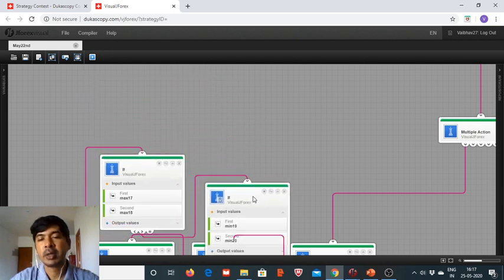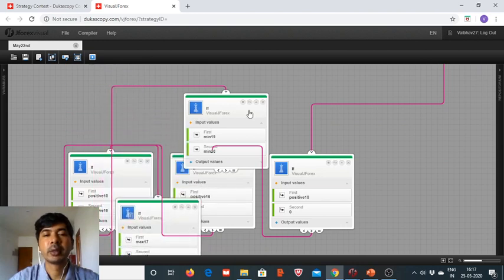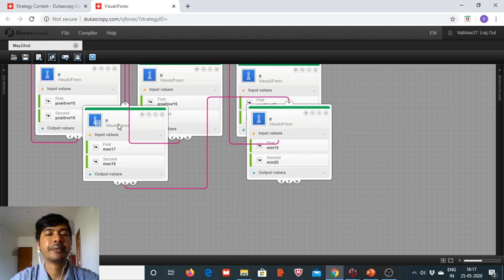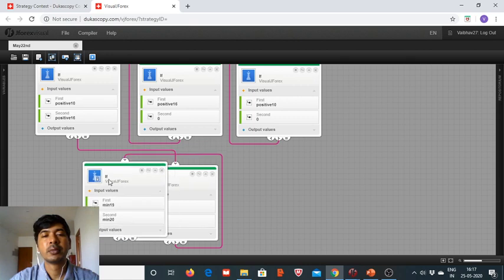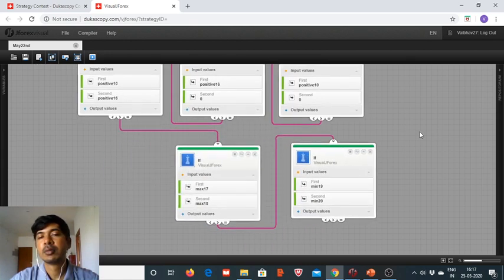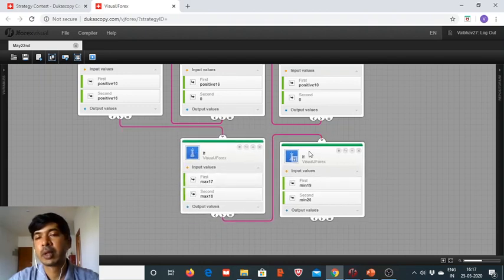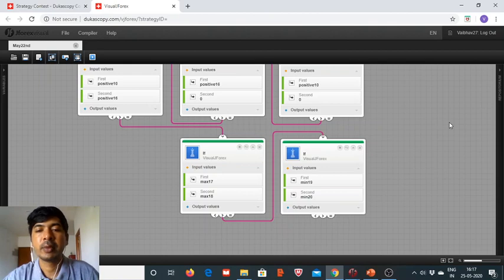Here we are adding these blocks, and here we finish this. Now the maxima and minima should be rising. That condition has been set.